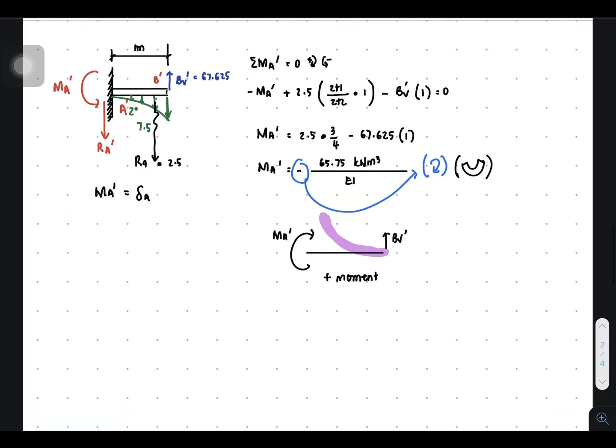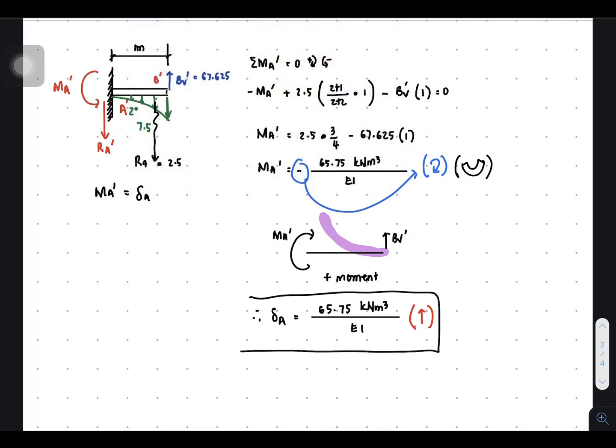So kung positive moment sa actual beam, then therefore, conjugate beam rather, kung positive moment sa conjugate beam, ang pasabot ana in the deflection for the actual beam at point A, you copy the value 65.75 kilonewtons cubic meter over EI, and this one, since that is positive moment in the conjugate, so for the actual beam it's going to be deflection upward.